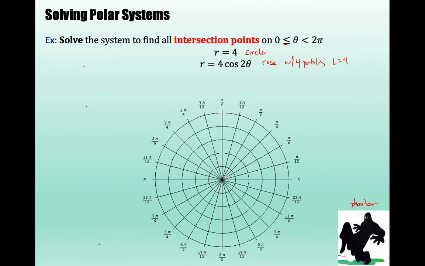So even without my calculator, I can certainly go to the circle of 1, 2, 3, 4 and draw my circle with radius 4. And then using my knowledge from the previous lesson, since this is a cosine rose, I know I'm going to have 4 petals and they all line up really nicely with my Cartesian axes, and my length is 4.